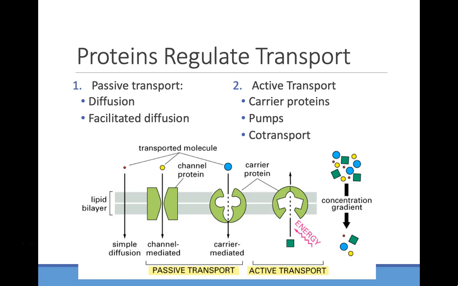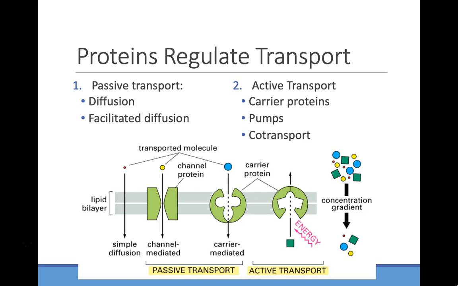As molecules are moving through a plasma membrane, they can either move by passive transport or active transport. Passive transport is a type of transport that does not require the use of any energy. In passive transport, your molecules are going to move by diffusion.